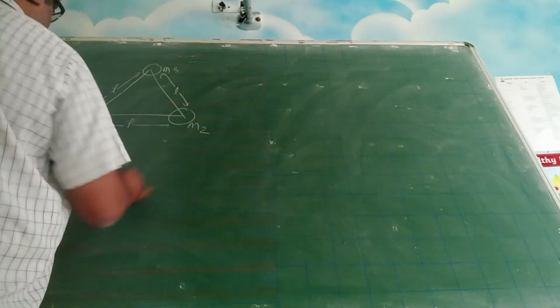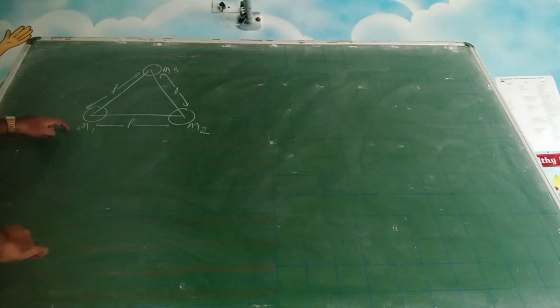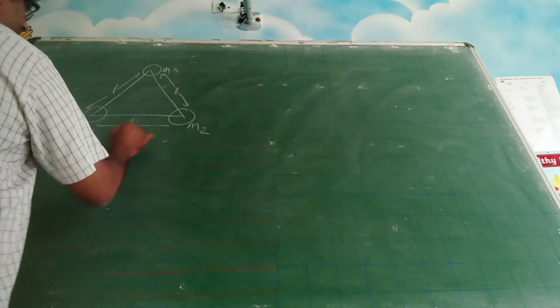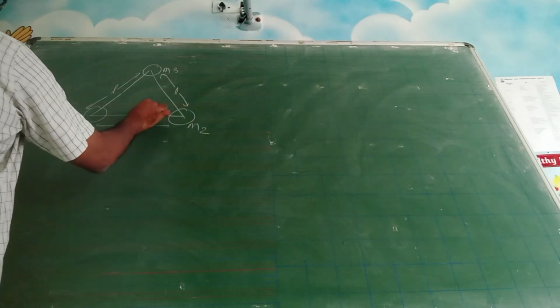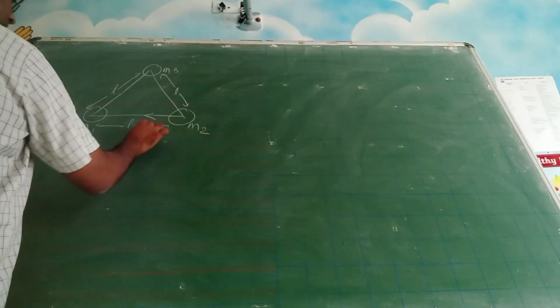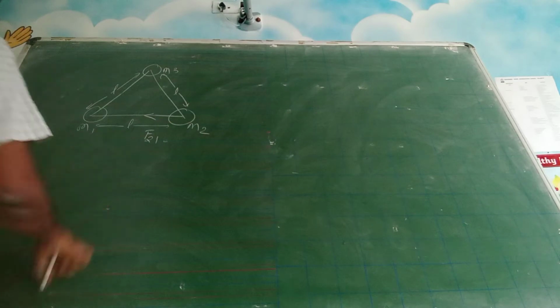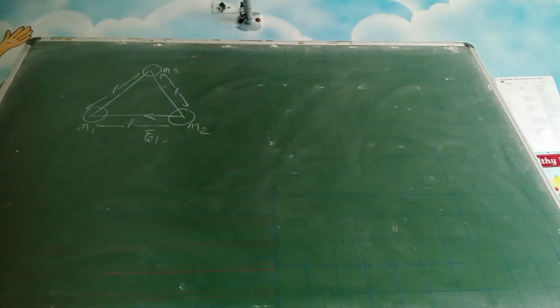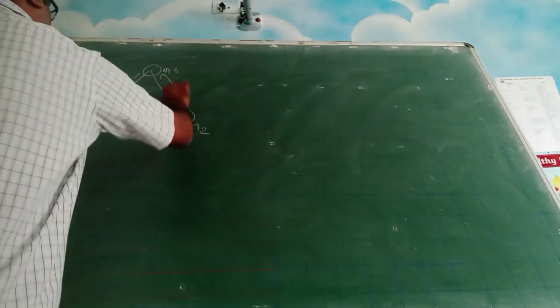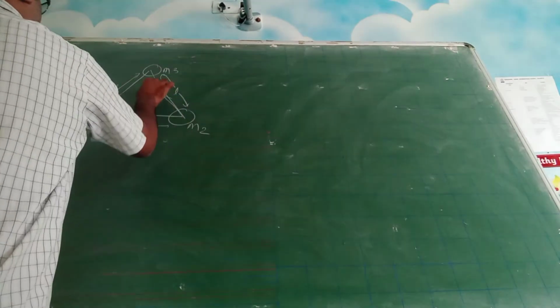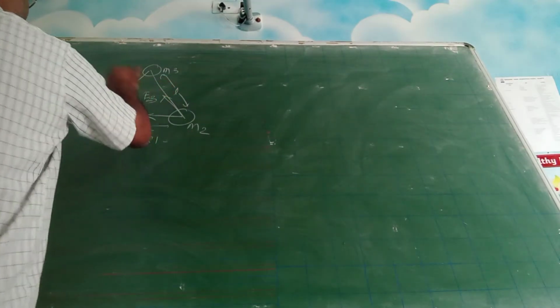So here on mass 2, there will be a gravitational force because of 1. Alright, and what will be the direction? It will be attraction, so it will be in this direction. So I am writing suffix 2, 1. Gravitational force on 2 because of 1. And here it will be like this, force on 2 because of 3.